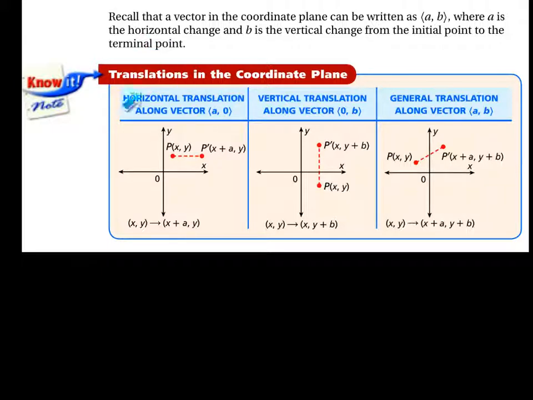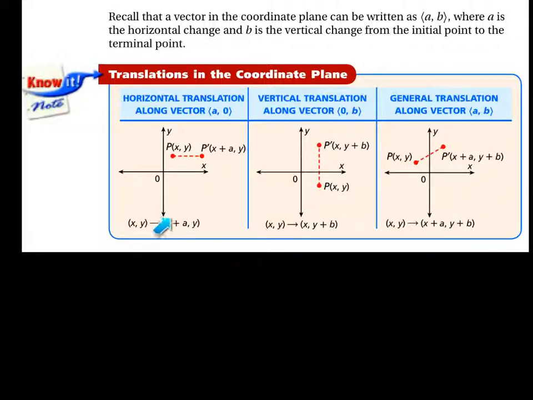So, looking at a horizontal translation, it's taking what you already know and putting it in correct geometric terms. We want to make sure that the geometry terms are correct. So if you look here, xy is moved to the right. If we go left or right, we are only going to be changing the x value. So your vector, A, is the change in x, and 0 means y doesn't change.